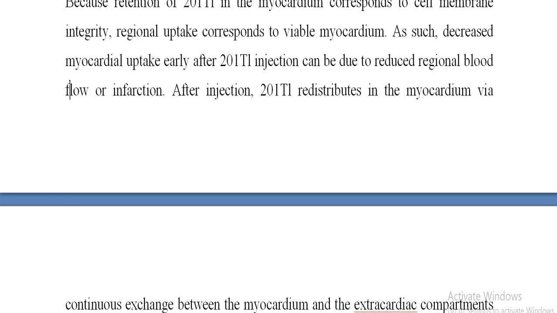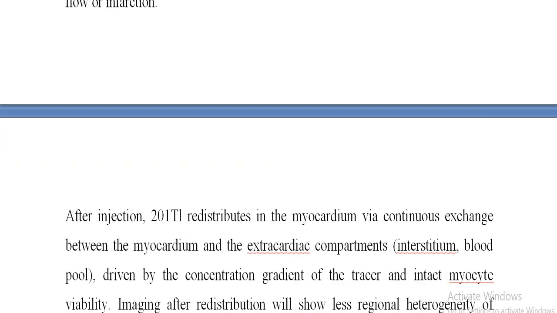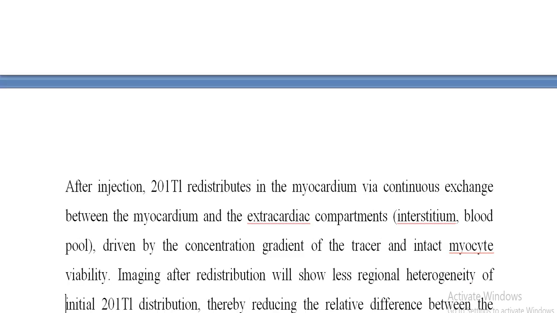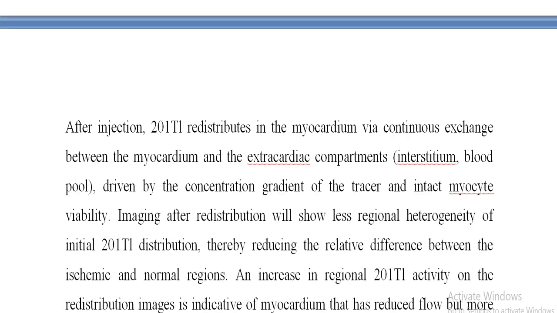After injection, 201Tl redistributes in the myocardium via continuous exchange between the myocardium and the extracardiac compartments, interstitium and blood pool, driven by the concentration gradient of the tracer and intact myocyte viability. Imaging after redistribution will show less regional heterogeneity of initial 201Tl distribution, thereby reducing the relative difference between the ischemic and normal regions.